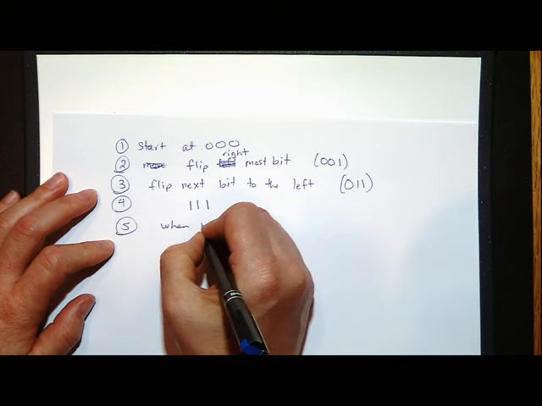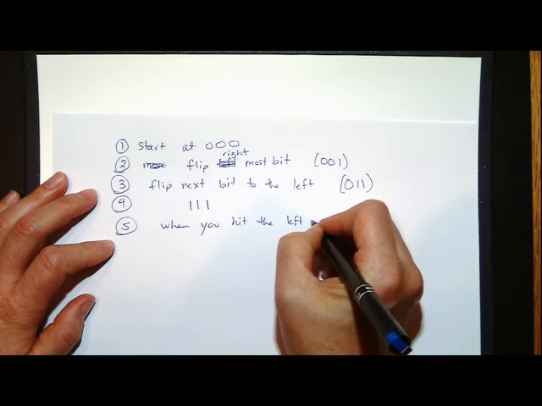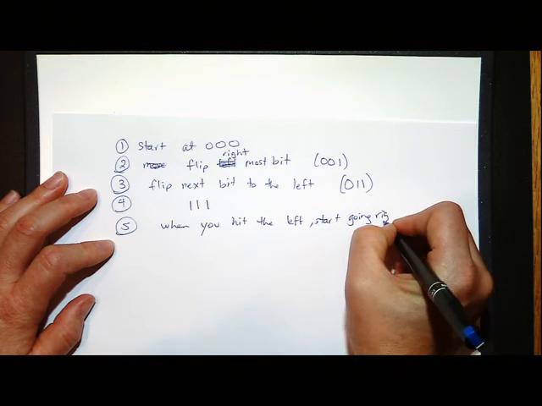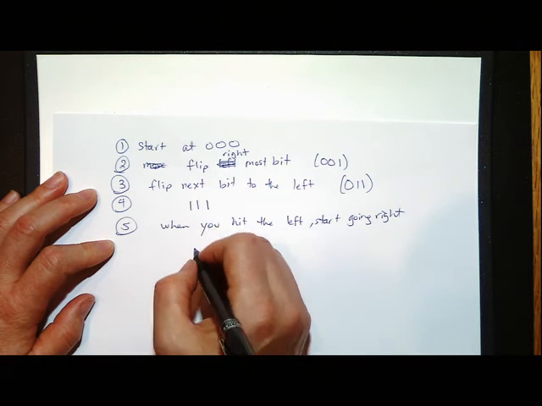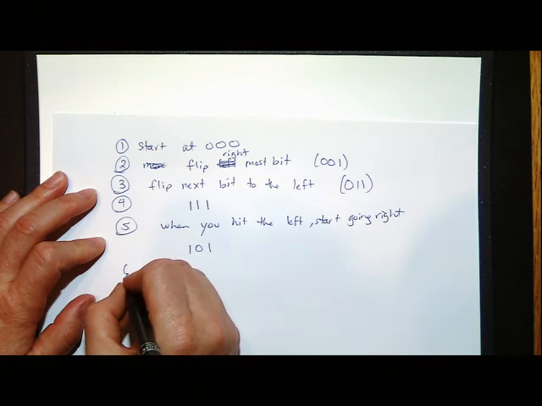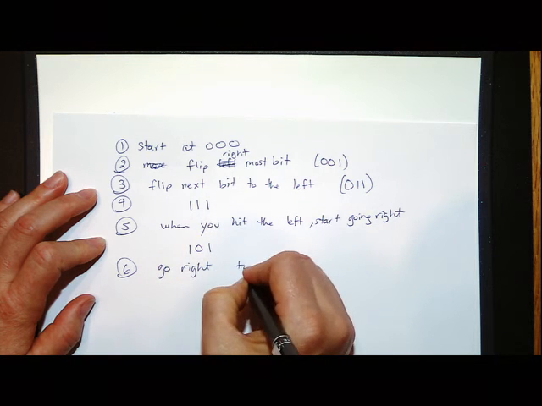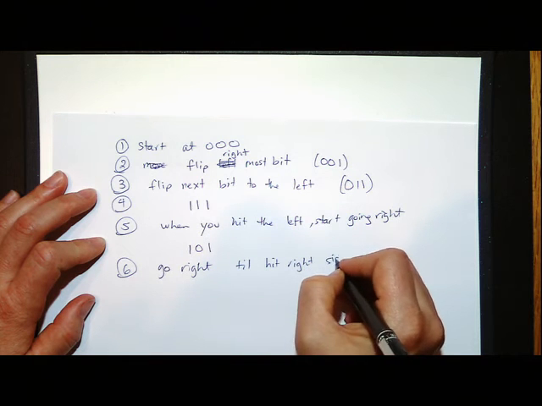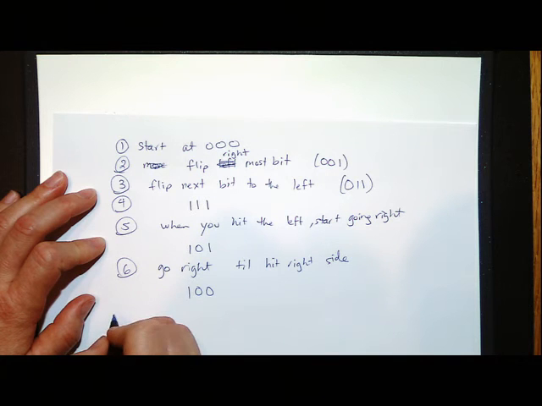So when you hit the left side, start going right. Is that correct? Okay, so that means that I'm going to flip this one next, right? And we're still going right. So we go right till we hit the right side, right? So then we're going to go 1, 0, 0. We do hit the right side, so then we're going to go back the other way, right?